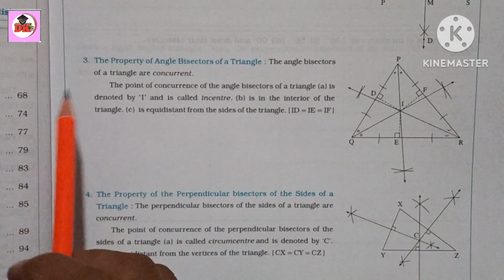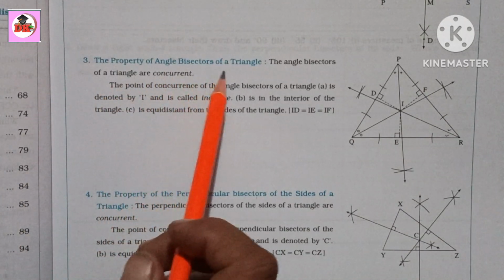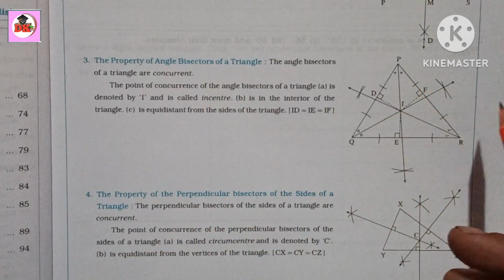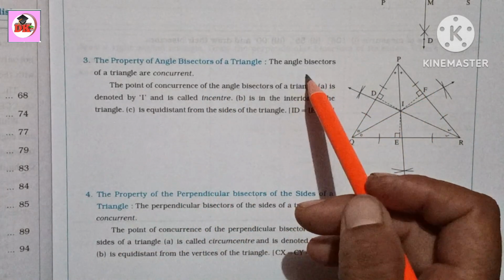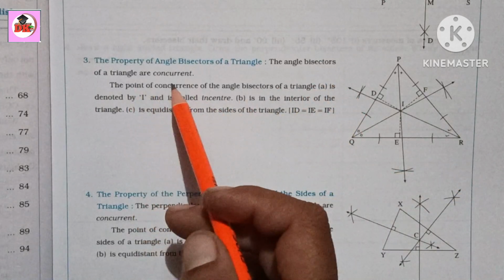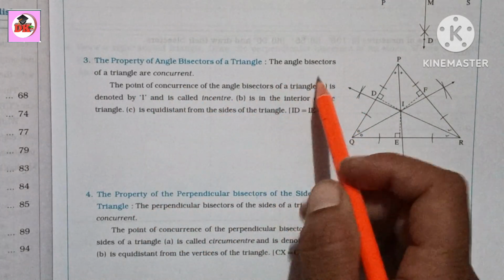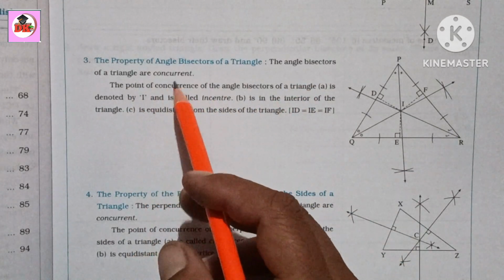Next, the third one: the property of the angle bisector of a triangle. You take one triangle of any measurement. The angle bisectors of the triangle are concurrent.